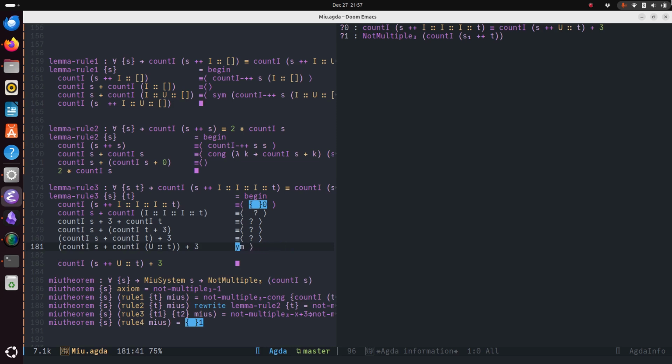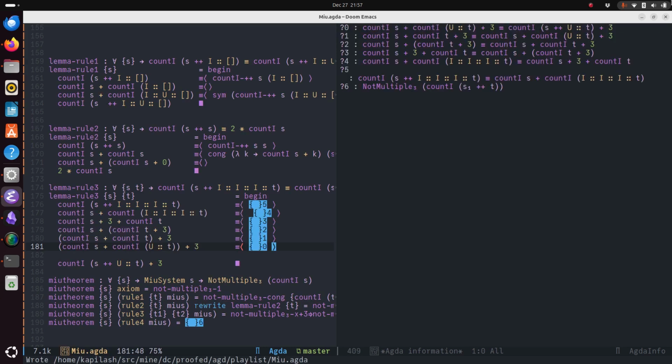Let us prove to Agda that each and every step of ours is valid.